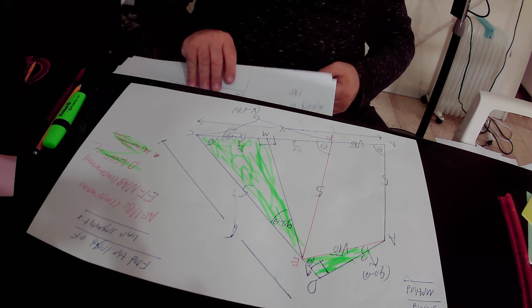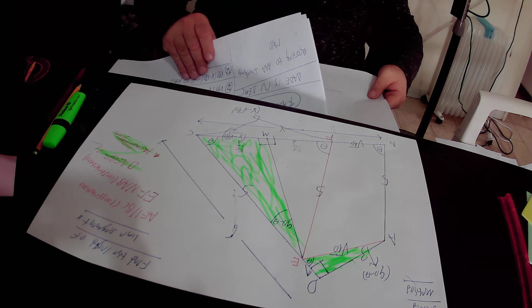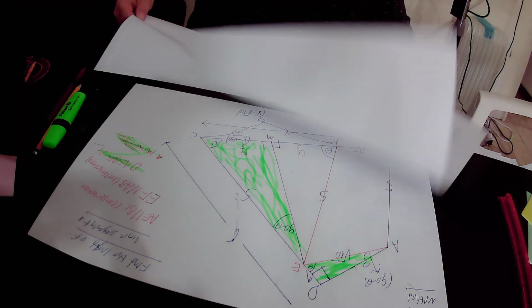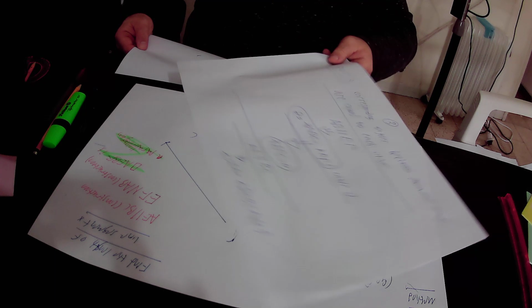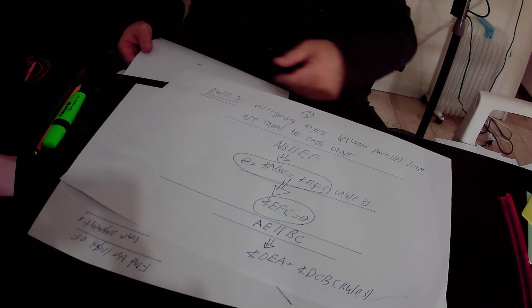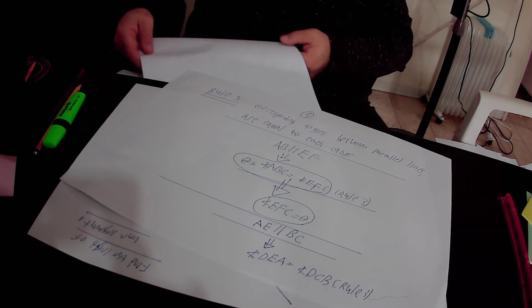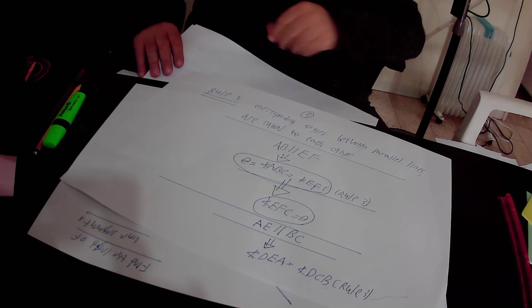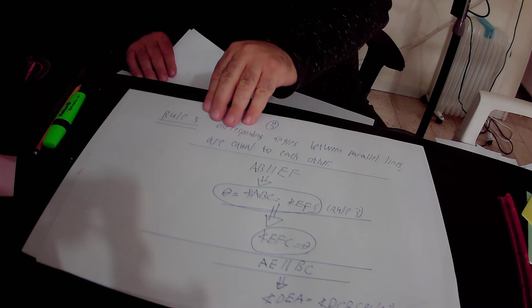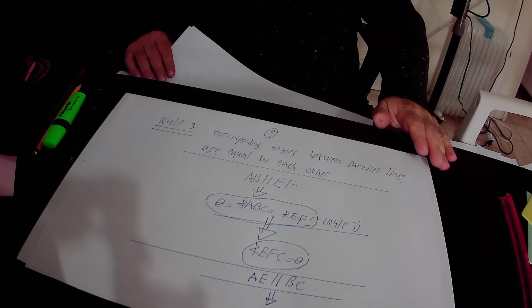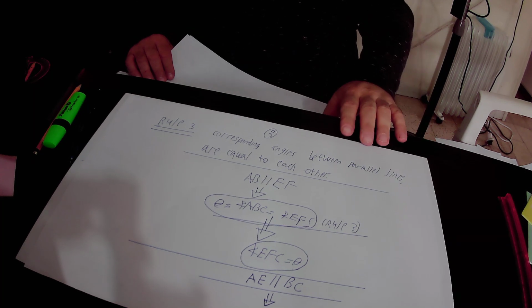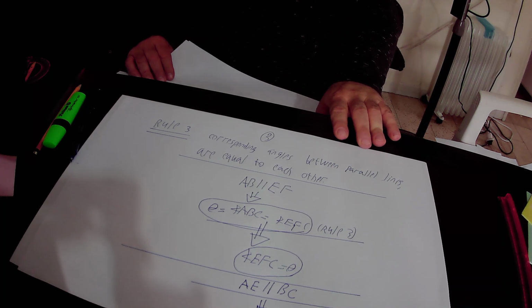Then I presented to you rule number 3. According to rule number 3, corresponding angles between parallel lines are equal to each other.